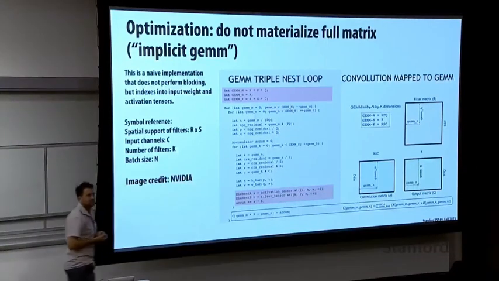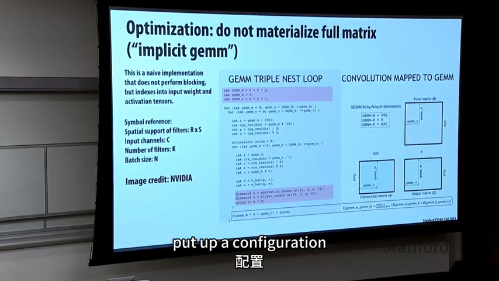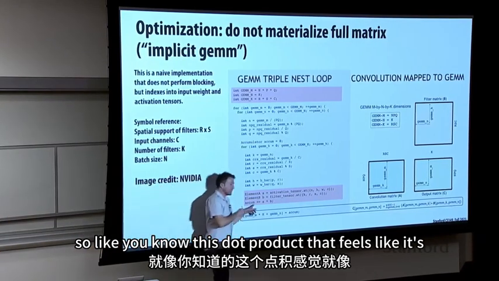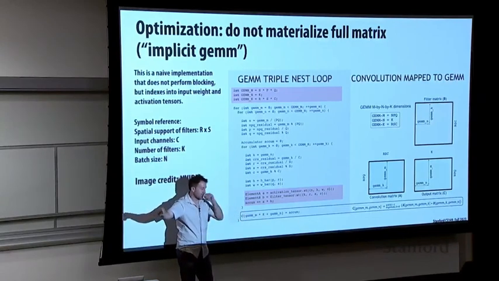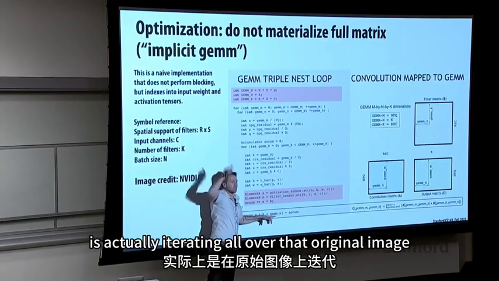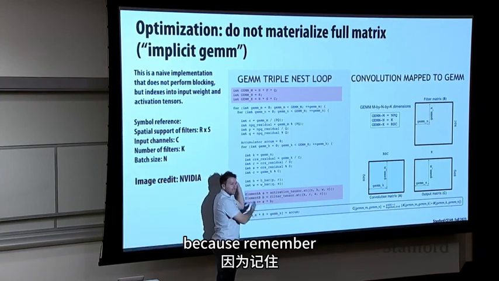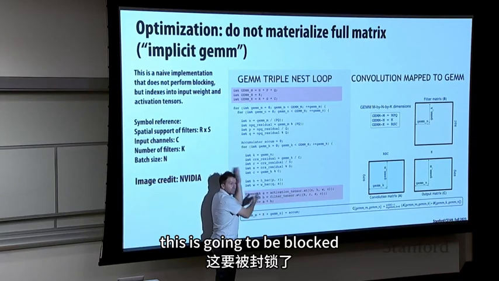Yes? So there will be now cache inefficiencies, right? Because we have not put up a contiguous block. You're correct. So this dot product that feels like it's iterating over a row of the matrix is actually iterating all over that original image. But don't be too worried about that, because remember, that would have sucked anyways. This is going to be blocked.